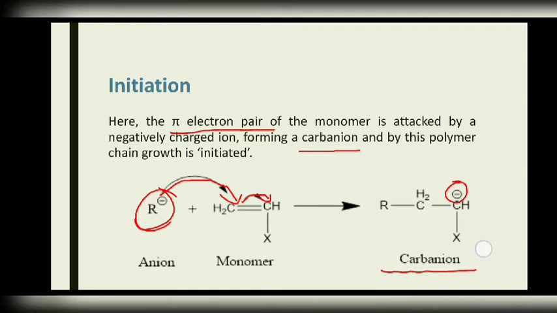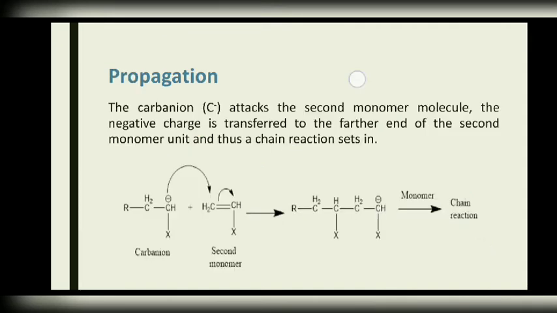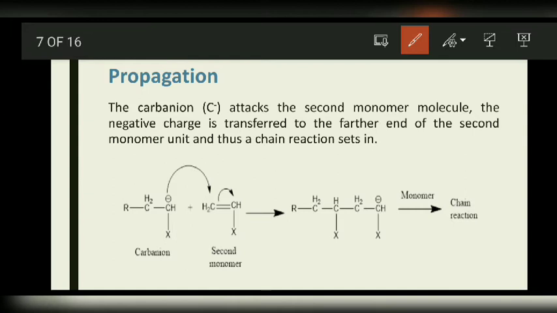Then the second step is propagation. So what happens in propagation? The successive addition of monomer molecules takes place. The carbanion which is formed in the initiation step attacks the second monomer molecule. The negative charge is transferred to the farther end of the second monomer unit, and thus a chain reaction sets in.